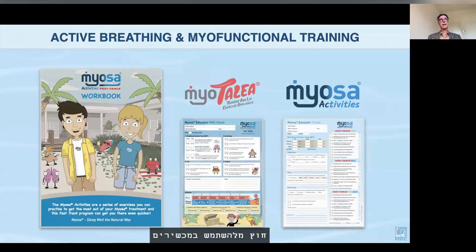Besides wearing the appliances like Myobrace for kids, Myobrace for adults, and BDS, it's important to do exercises and to start an active program. We have 2 different programs going to be introduced very soon. They are not available yet, but they will come in the next month. The Myobrace Kids activities and the Myobrace Adults BDS activities.